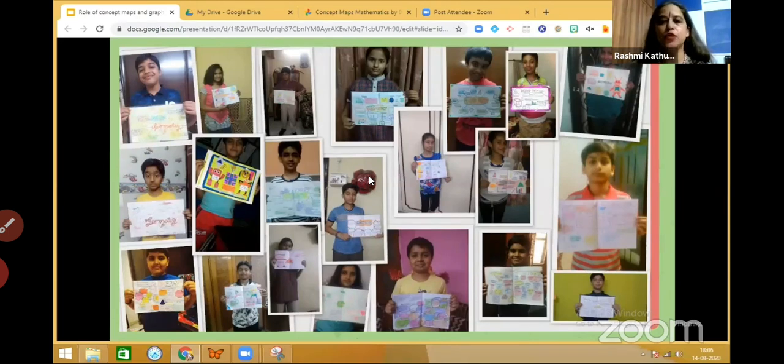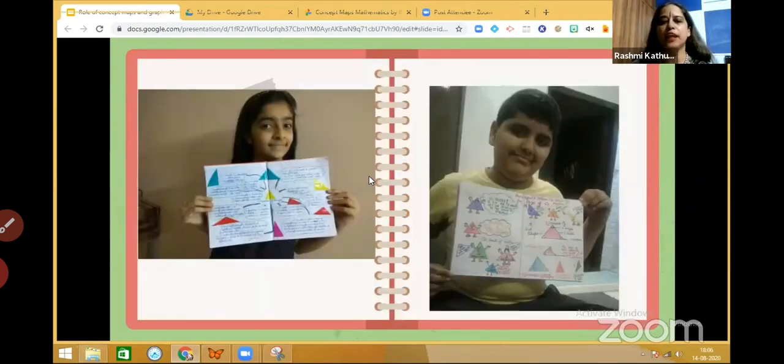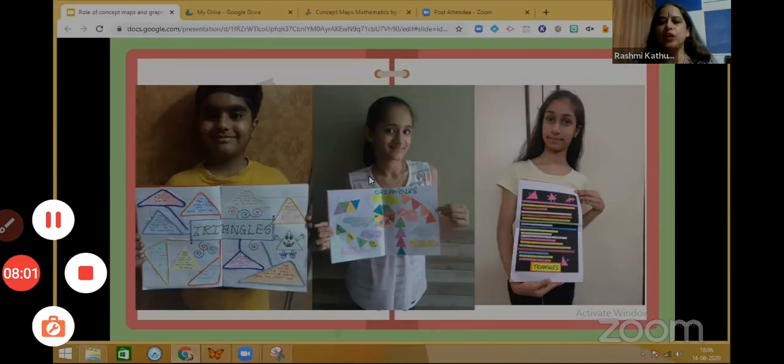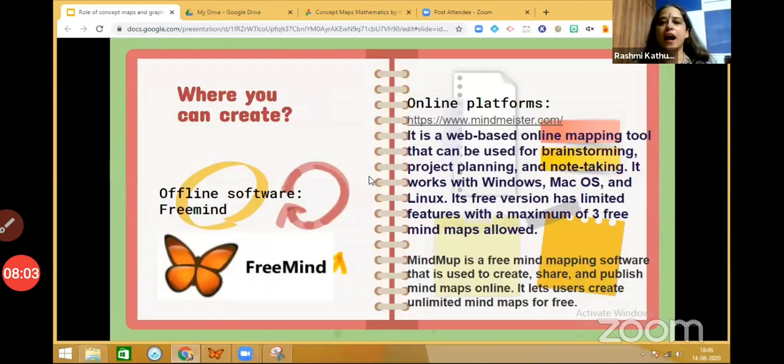And you see the unique pattern in which they have expressed that information using a variety of ways.